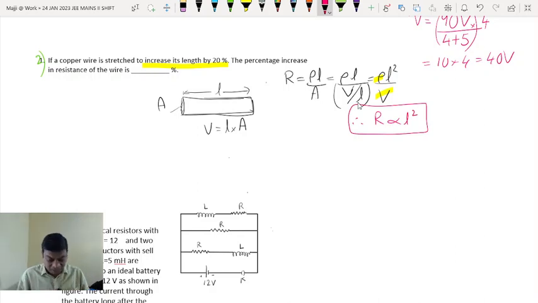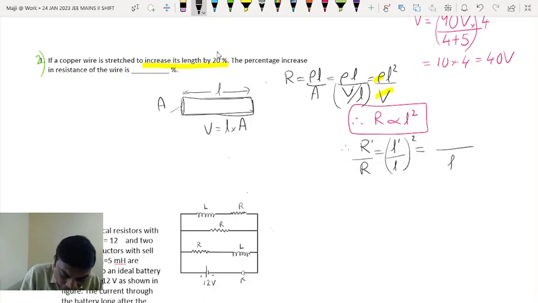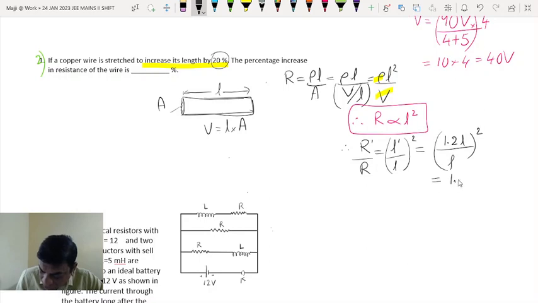So when a wire is stretched uniformly, the resistance varies directly as the square of the length. Okay. So the new resistance upon original resistance is the new length upon original length whole square. Now the new length is 120% of the original length. So we can write it as 1.2 times the original length. So this is 1.44, isn't it?